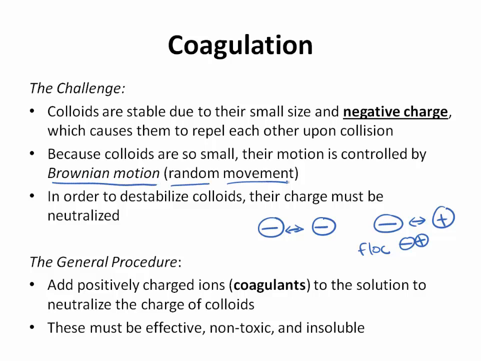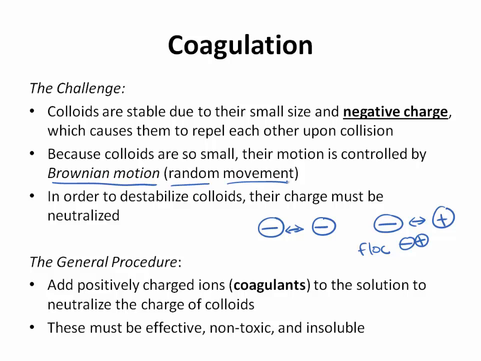This is significant for engineers because we have no control over where these particles go. Once they get big enough, their movement will be controlled by gravity forces, and we can manipulate the velocity gradient of fluid to control movement.